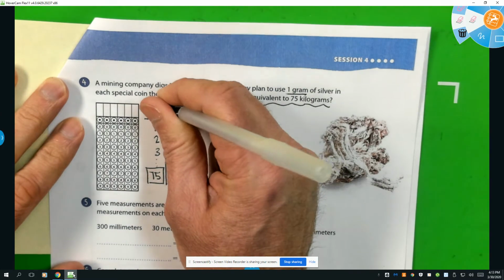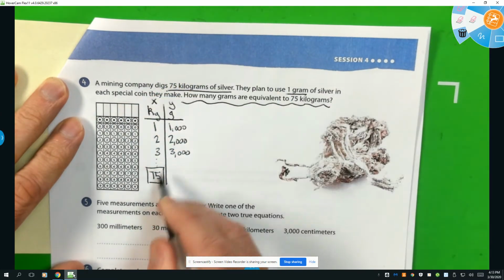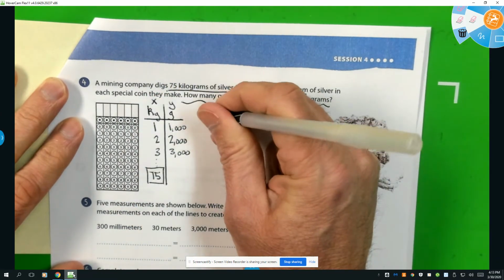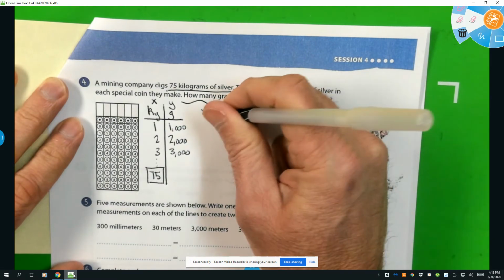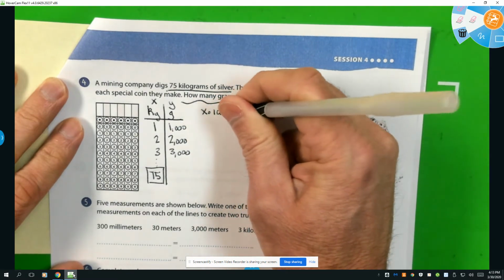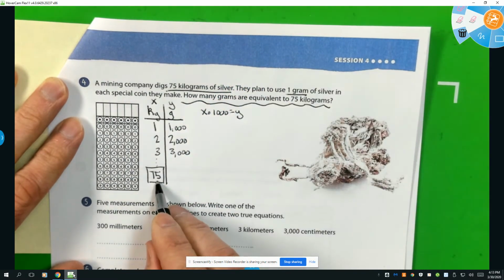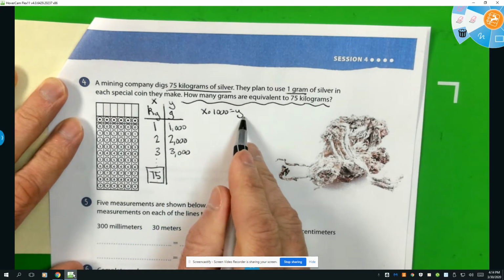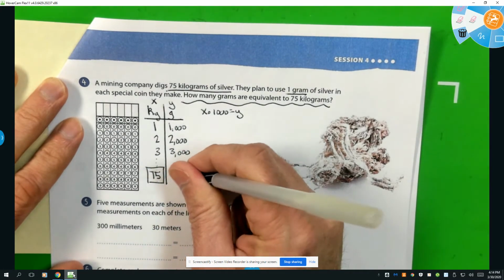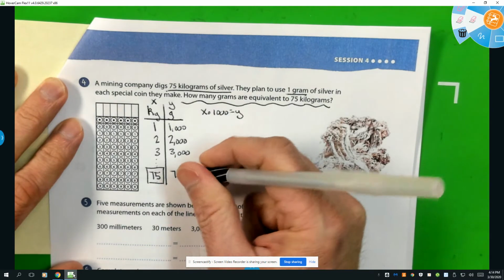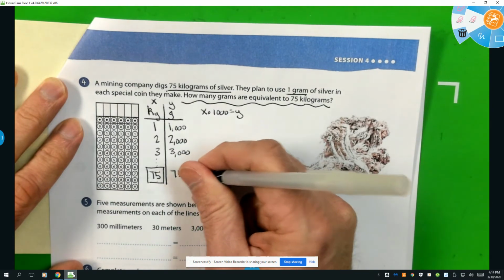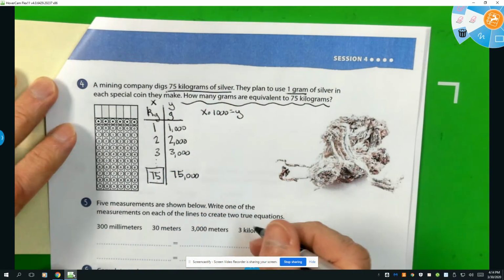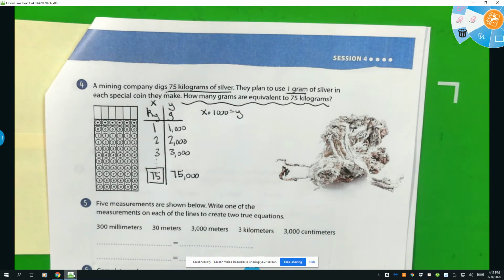And as you can see, from our X side to our Y side, we are just saying X times 1,000 will equal Y. So what's 75 times 1,000 going to equal? 75,000. Okay, but now we've got to prove it.